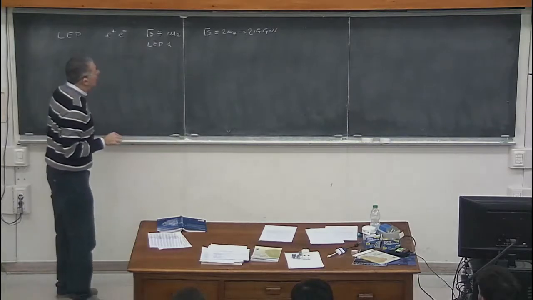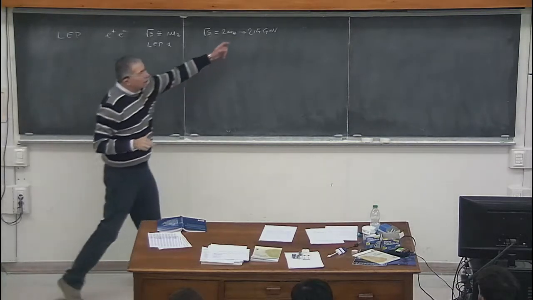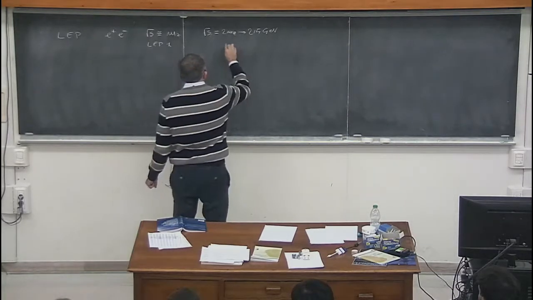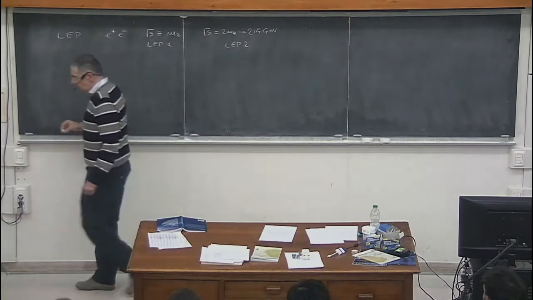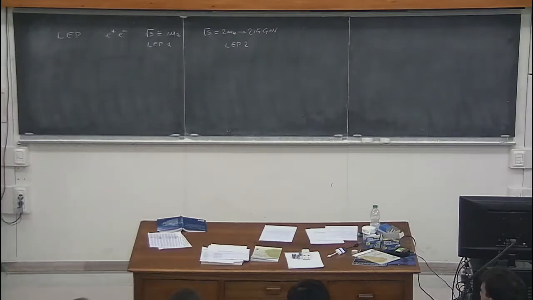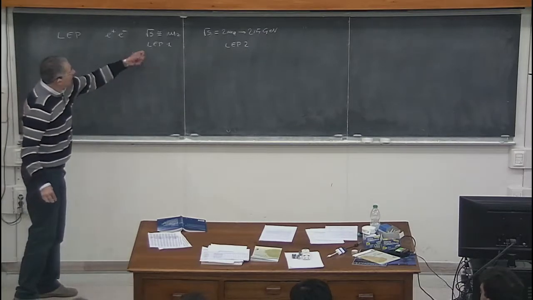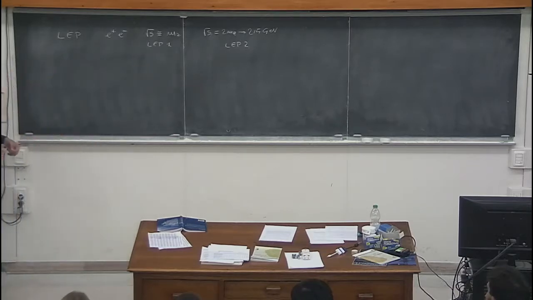And both phases have been very important in testing the Standard Model. In the first phase, the machine was operating on the peak of the Z boson, so it produced an enormous number of Z bosons, which then decay, and you can study the decay of the Z boson with great statistical accuracy.